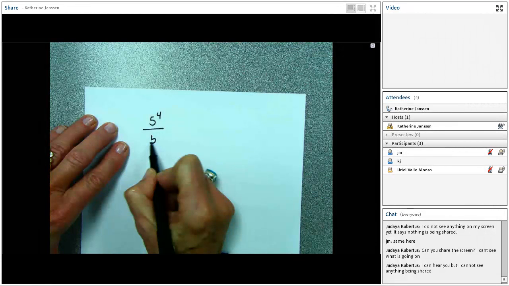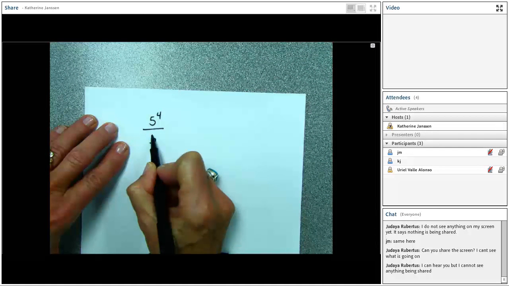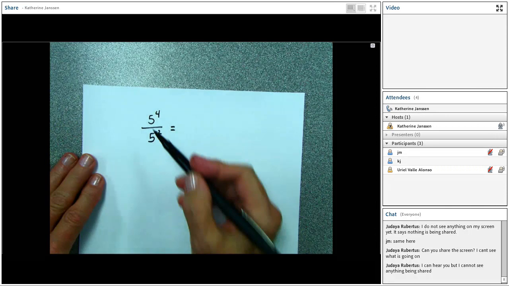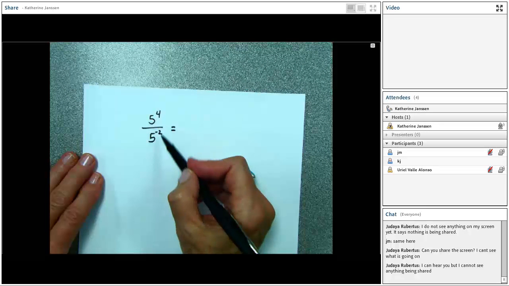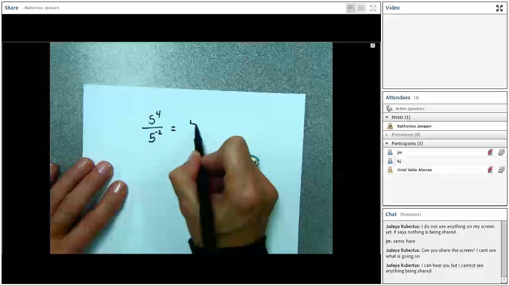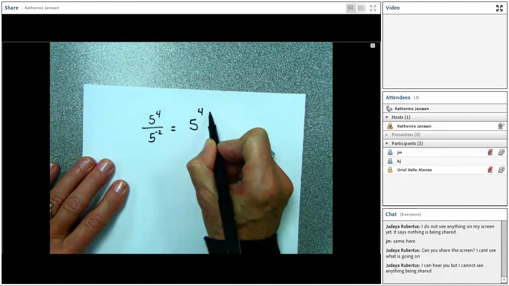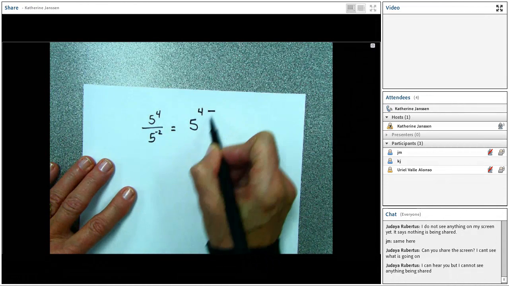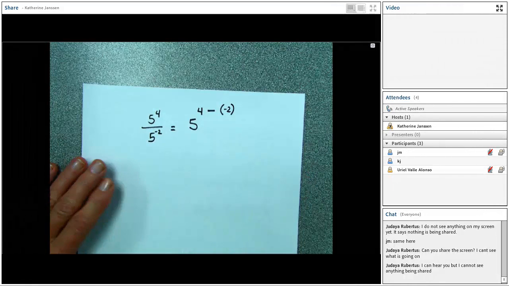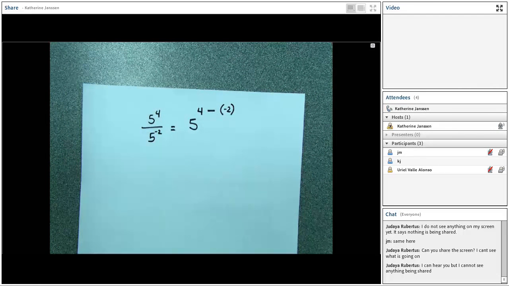5 to the 4th over 5 to the negative 2. I'll have the same base in the numerator and the denominator with division. So I keep the base and I subtract from the numerator's exponent the denominator's exponent, which happens to be a negative 2.